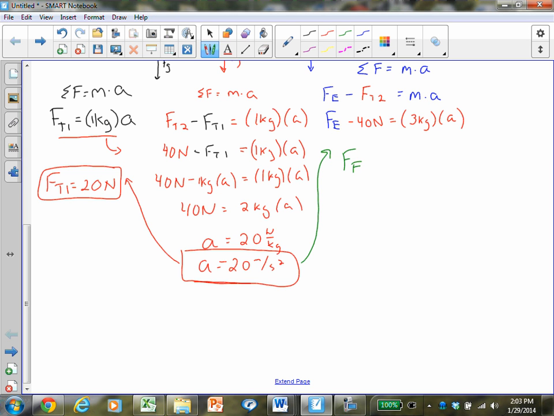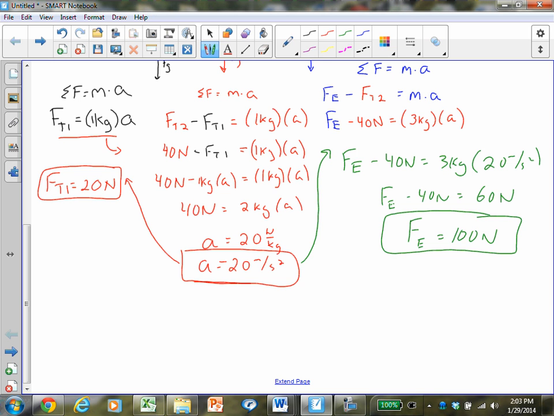Fe minus 40 newtons equals 3 kilograms times A, but A is 20 meters per second squared. Fe minus 40 newtons equals 60 newtons. Add the 40, 100 newtons. So now we have it all.